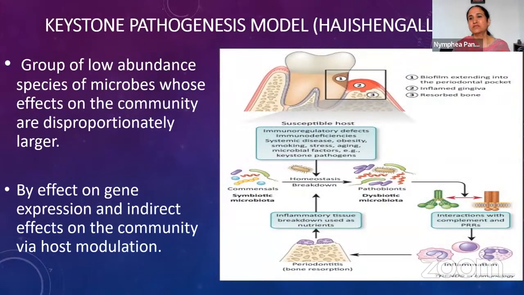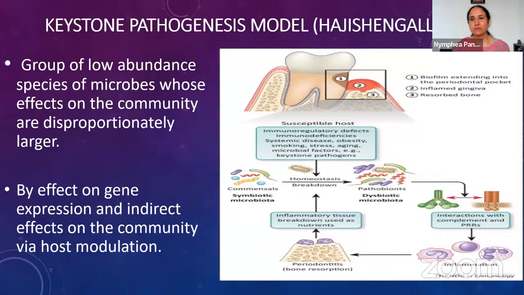So what did this say? Hajishengallis gave two theories about the pathogenesis of periodontitis, one in 2012 and another in 2014, and they explained how different types of organisms change. What they were basically saying is that these are all endogenous organisms, nothing is coming from outside. The body lives in a symbiotic relation with all the endogenous organisms.